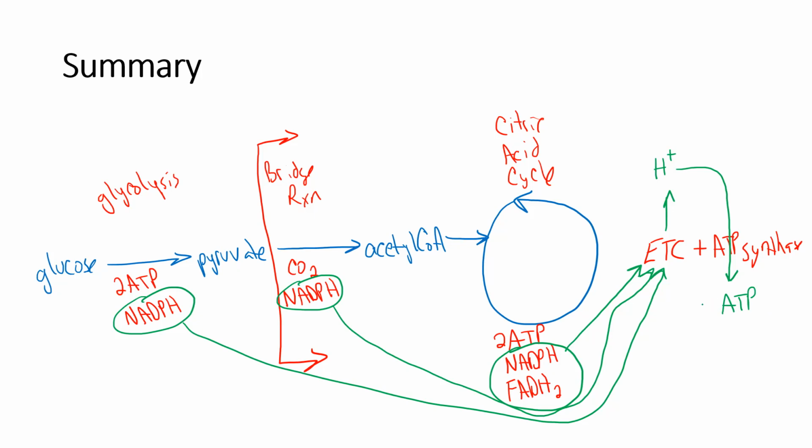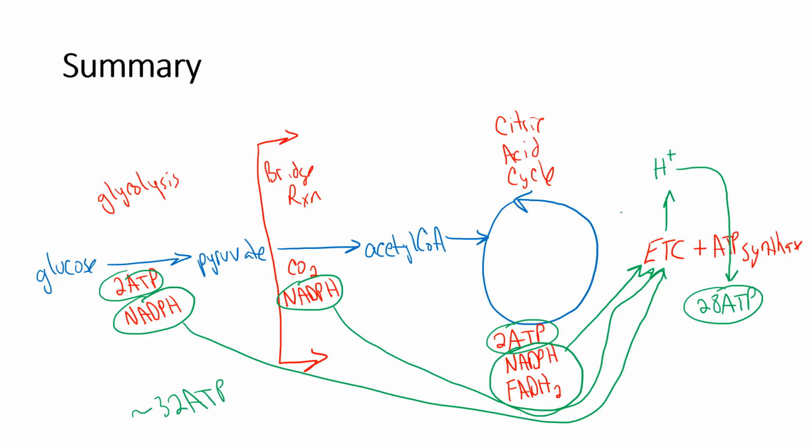And per molecule of glucose, that is 28 ATP. Okay, so then we have 28 here, 2 ATP here, 2 ATP here, for a total ATP production of around 32 ATP per molecule of glucose.